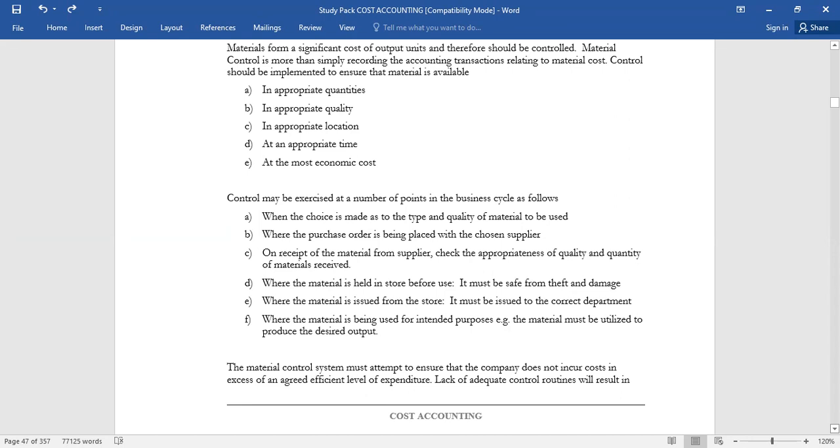Then where the material is issued from the store, it must be issued to the correct department and recorded appropriately. We'll be coming to the issuance and you'll see how it's supposed to be managed. Then where the material is being used for the intended purpose, it must be utilized to produce the desired output.